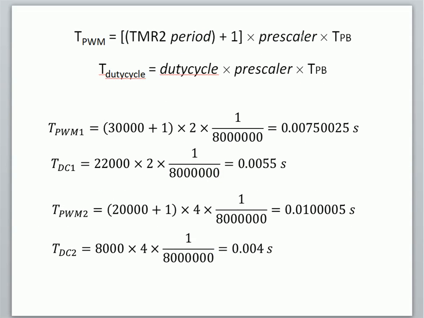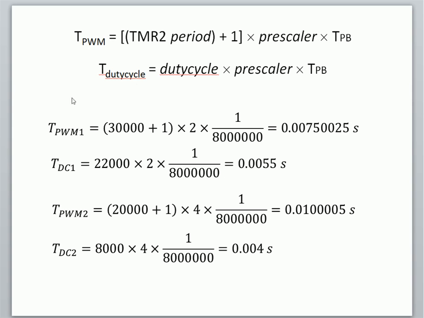Here are the two formulas from the manual that tell you about PWM. The period for PWM is whatever the period of the timer is plus 1, times the prescaler, times whatever the peripheral bus period is. The peripheral bus period would typically be 1 over 8 million if you're using the settings I've always been using.